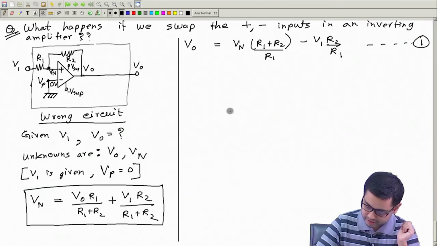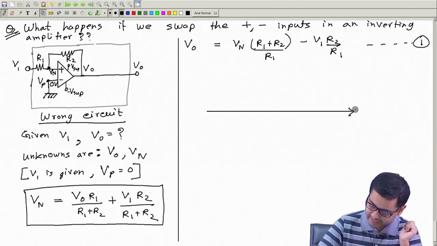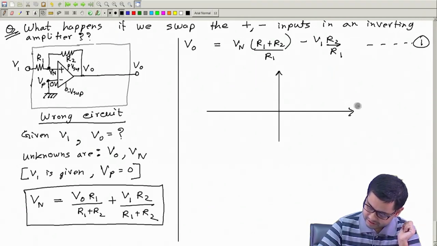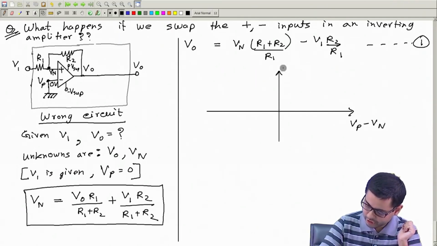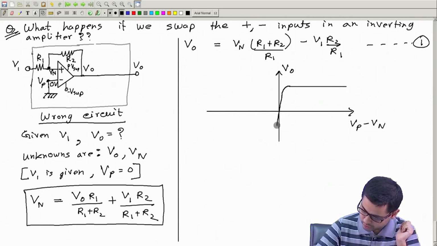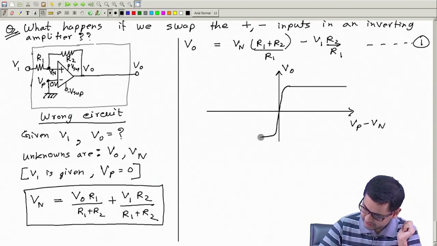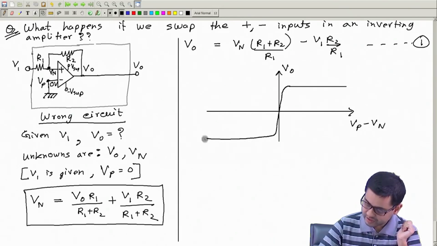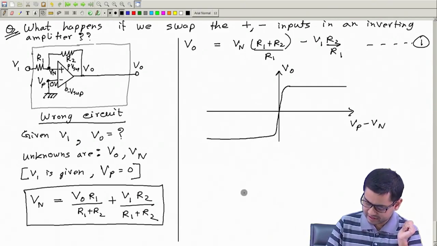The second relationship is the static characteristic, where we have Vp minus Vn here, VO here, and the characteristic looks like this. For an ideal op amp, this line goes very close to the y-axis and like this. So this is the static characteristic.